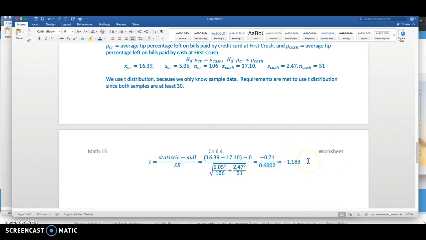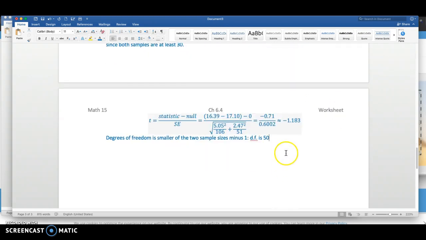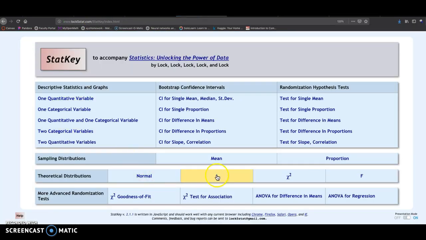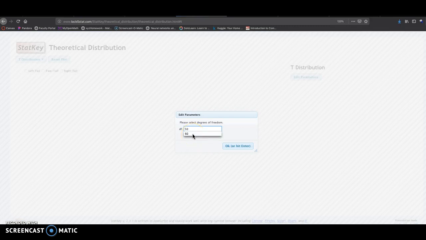It's minus 1.183. Degrees of freedom: take the two sample sizes, take the smaller one, and subtract 1. So in this case, degrees of freedom is 50. And for the p-value, I'm going to go to StatKey, t-distribution, and enter in the degrees of freedom, which was 50.